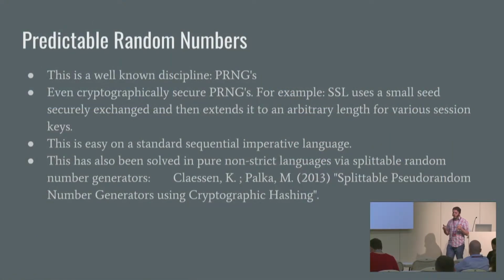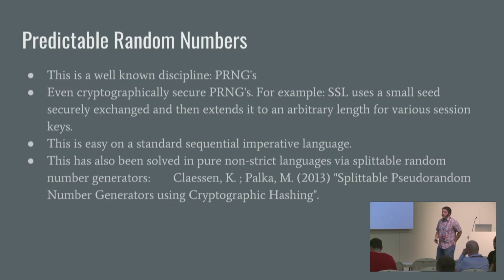So I looked into this. It's kind of a solved problem, right? We want something random, but we want it to be predictable, so we'll use something that's pseudo-random. This has been around for a long time. There are even cryptographically secure random number generators. For example, with SSL and a DSA key, you exchange a single secret, and then you use hashing to extend that secret to generate all of the session keys that you need for SSL to work.